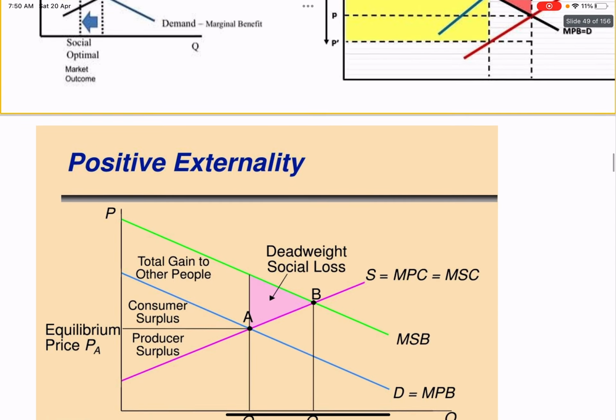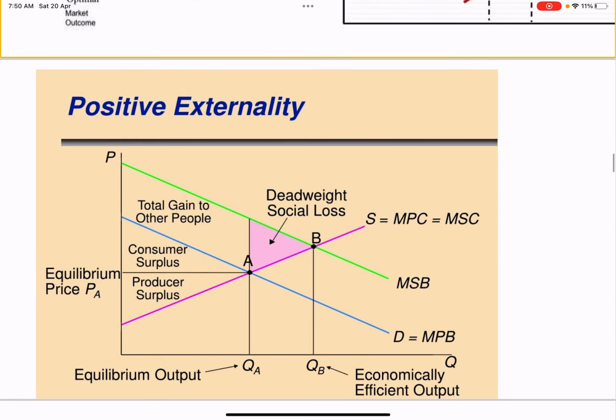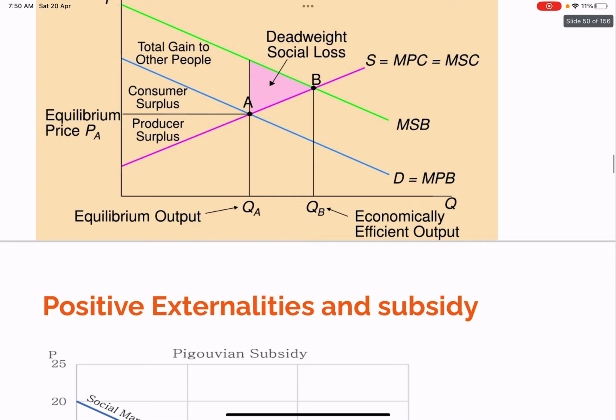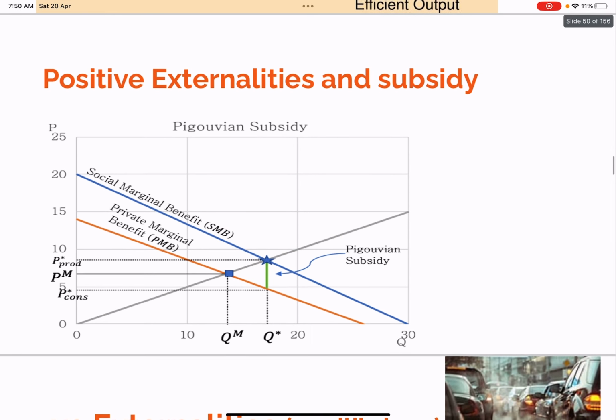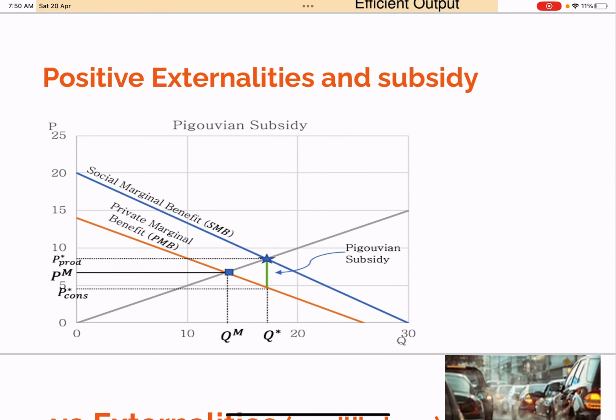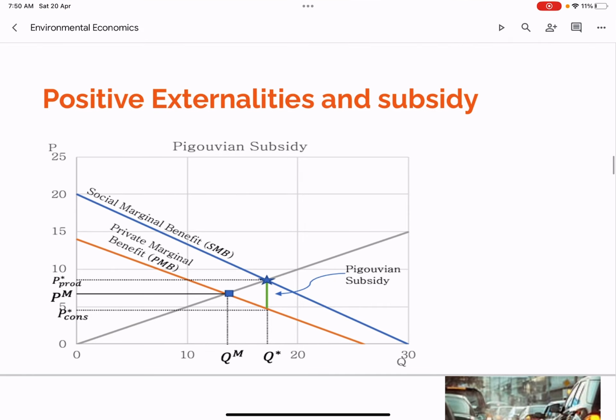Similarly, in case of positive externality, because a positive externality would give you more benefit than what the market is going to give us, we need to provide a subsidy, right? So here you see that again there has to be a shift from the private marginal benefit curve to the social marginal benefit curve.